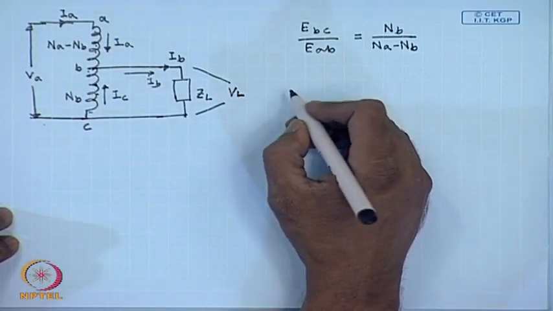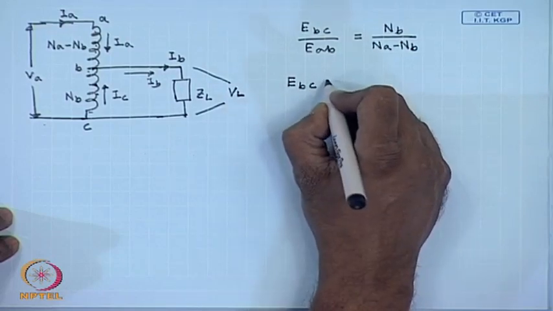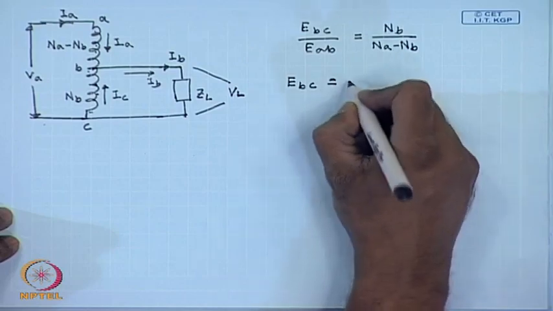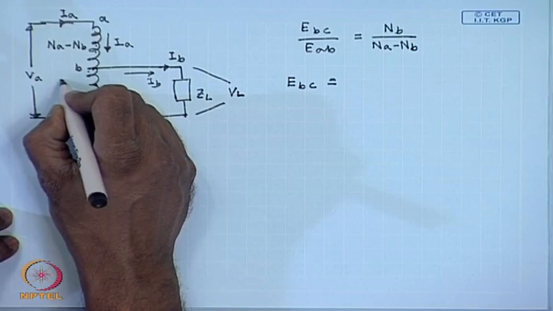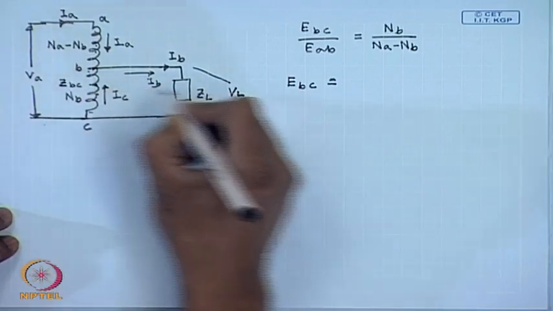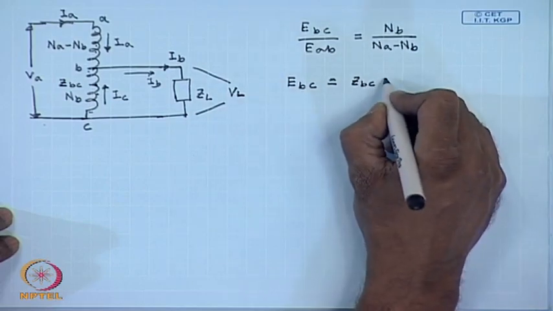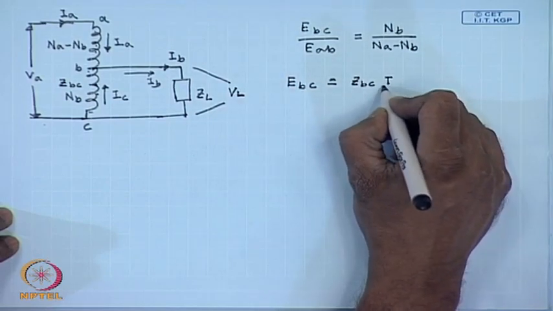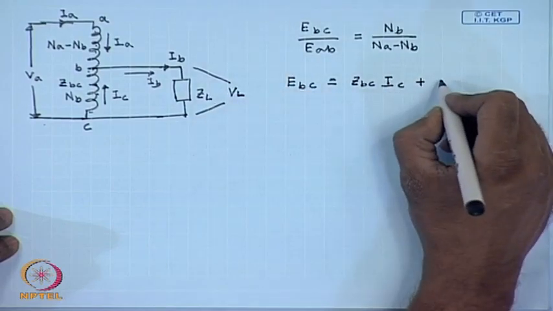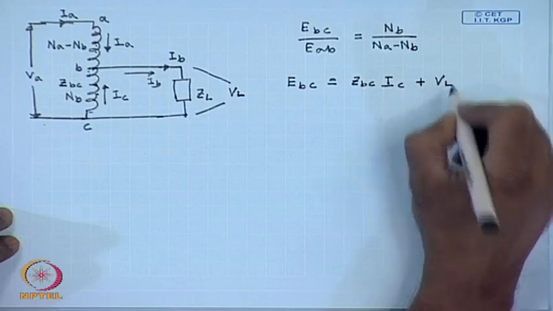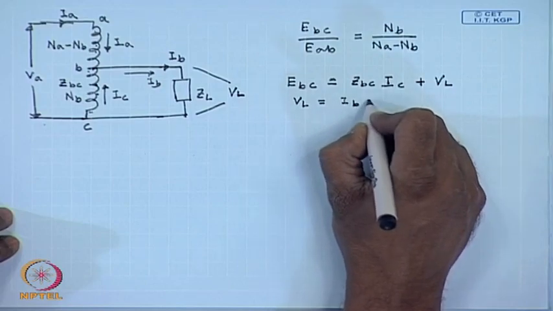From KVL we can write the induced voltage E B C equal to the leakage impedance of this part Z B C into the current I C plus load voltage V L, where V L equal to I B into Z L.